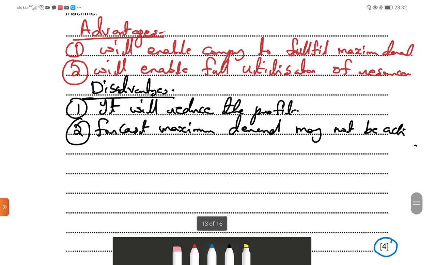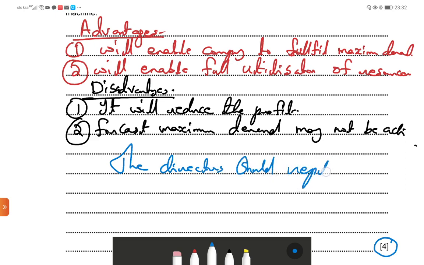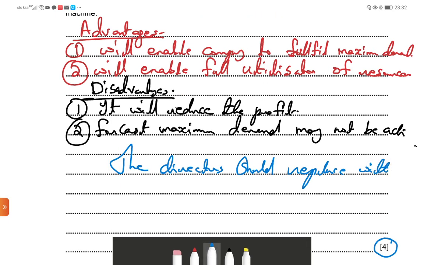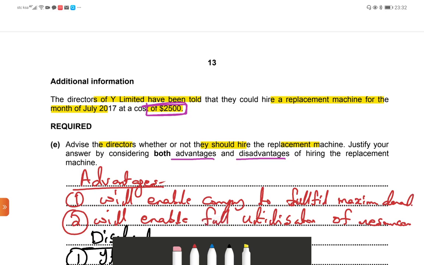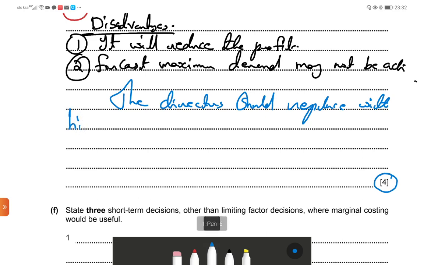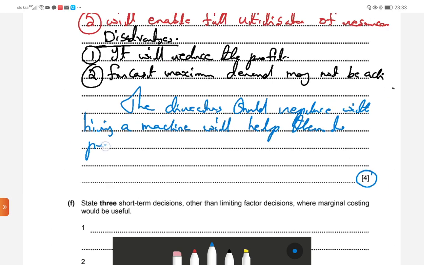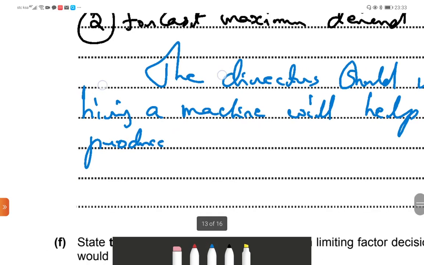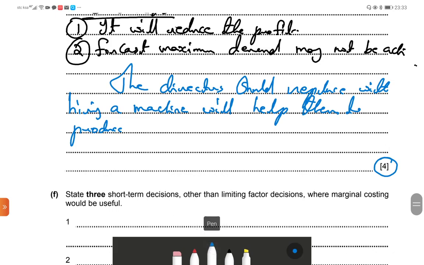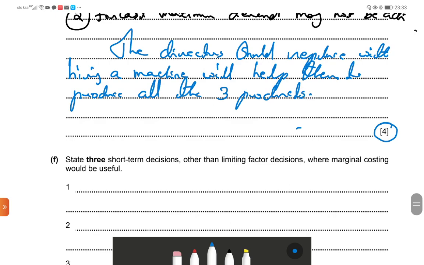So here, the directors should replace, as hiring a machine will help them to produce all three products and meet the orders from customers.